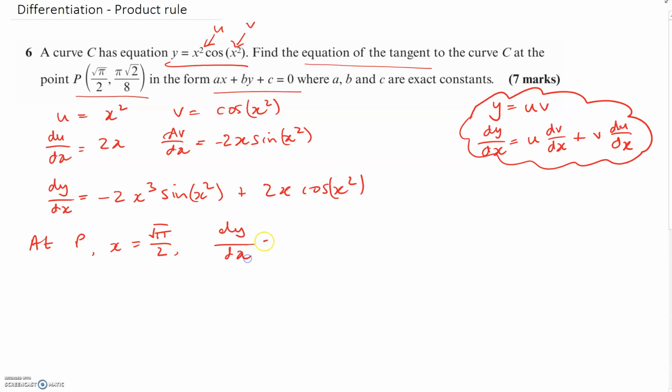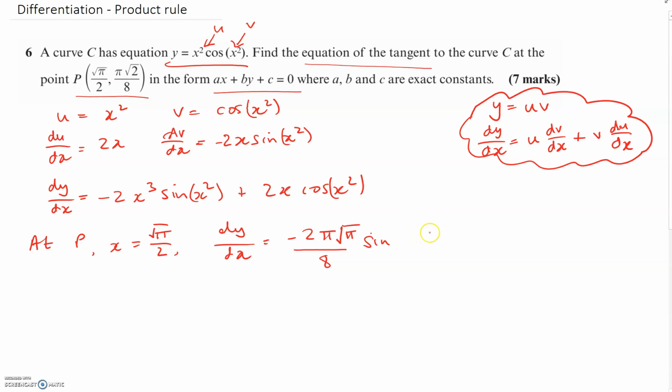So dy dx would be minus 2, and this is where the algebra gets a little bit messy. Root pi cubed is going to be pi times root pi, and over 2 cubed would be 8, and that would be sine of a quarter pi.